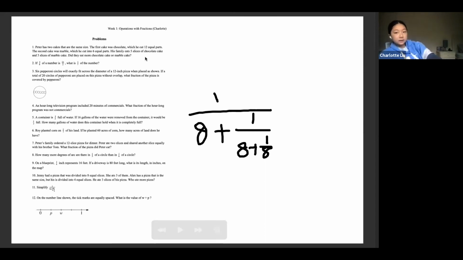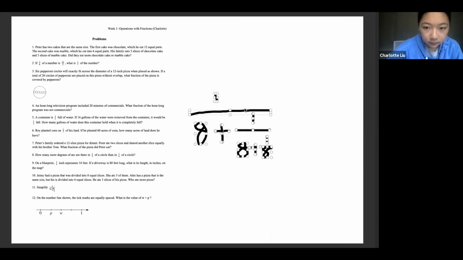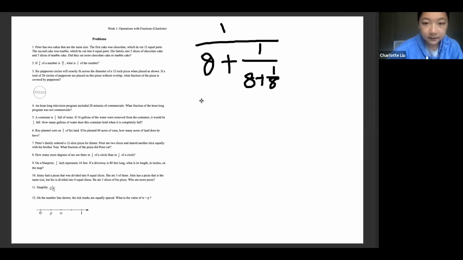Okay, so these calculations might take some time and I still want to have some time to do the Kahoot. So I'll just explain it right now. I'm gonna move it up here. Okay. So first you have to start from this over here. So 8 plus 1 over 8. So 8 equals 64 over 8.